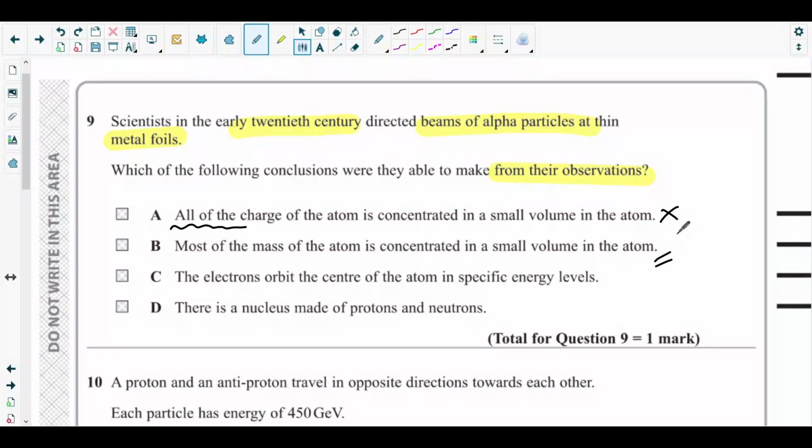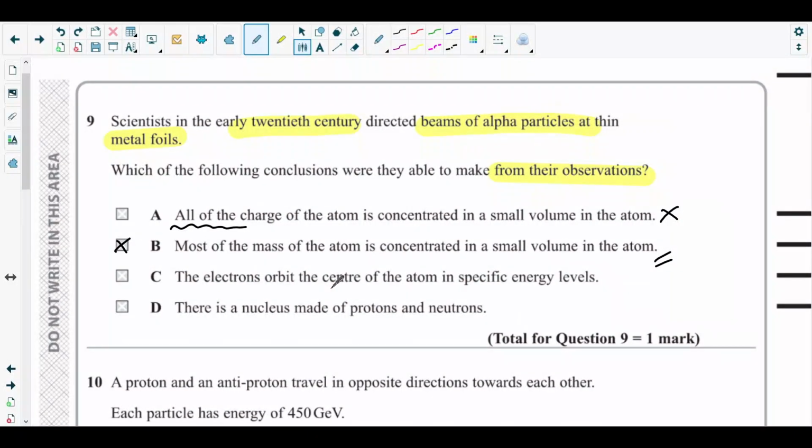It was observed from the Rutherford's alpha particle scattering experiment that there is a center part which is massive and it is very dense. So to be massive and dense, definitely all the mass should be concentrated there at the center part, right? So B is correct in this case.